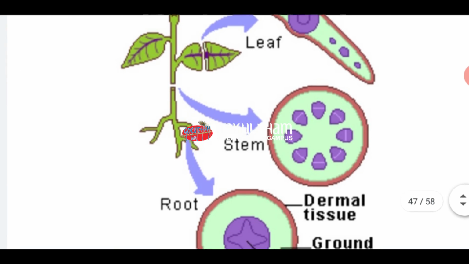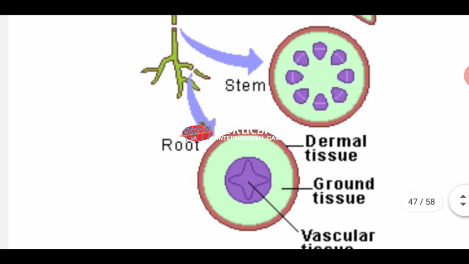In the cross section of root you can see in this picture the different layers or different tissue systems in the plant. The first outermost tissue system in the cross section of root is the dermal tissue system, which is made up of epidermal cells, and the main function of the epidermal cells is to protect the internal structure of the plant. Then on the inner side of the dermal tissue there is ground tissue.